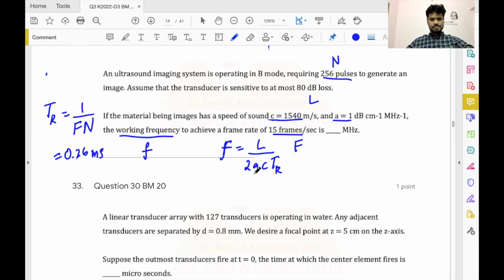Because A is in decibel per centimeter, just use loss in decibels, and decibel will get cancelled. We discussed this issue: we have to convert one of them into centimeters. So likely we'll have to convert C into centimeter per second, because this is in centimeters and this is in meters. We have to do the conversion. So what is the frequency we get here? Megahertz. I think there was a mistake in the book answer.